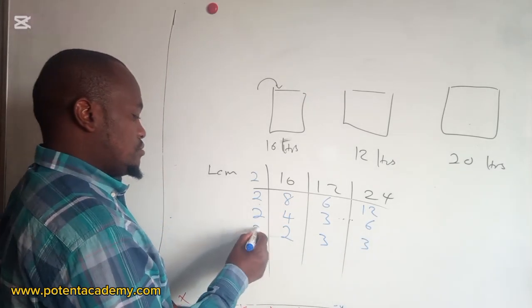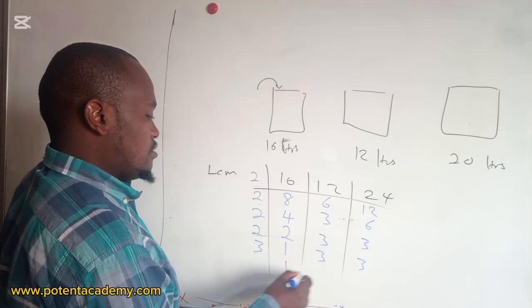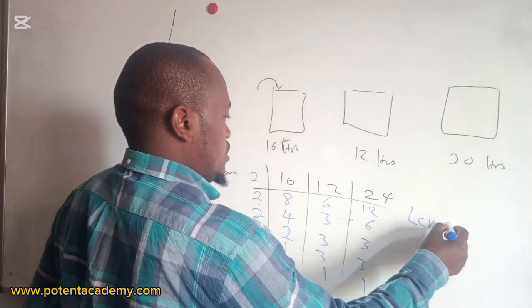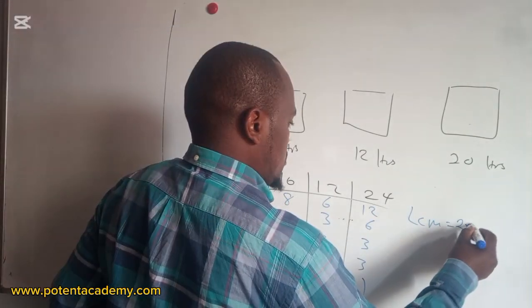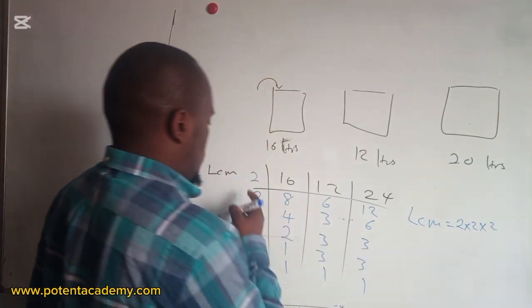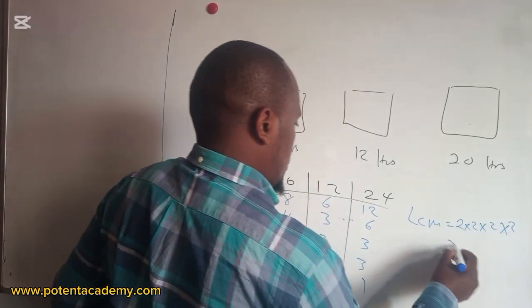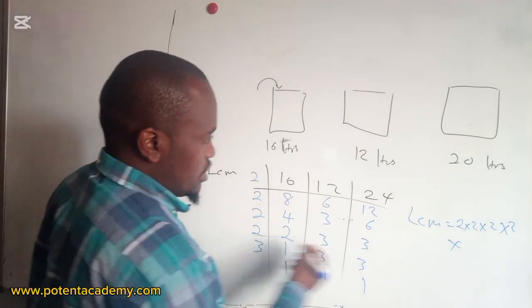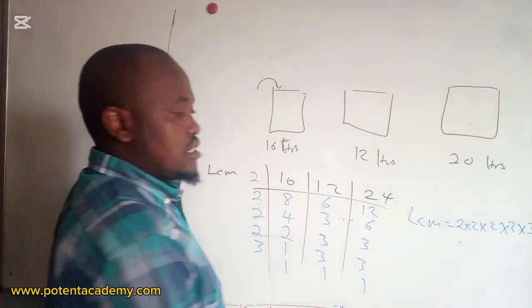You still have a 2. Then finally, what is your LCM? It is 2 times 2, times 2, times 2, times 3. I don't know whether it is visible.